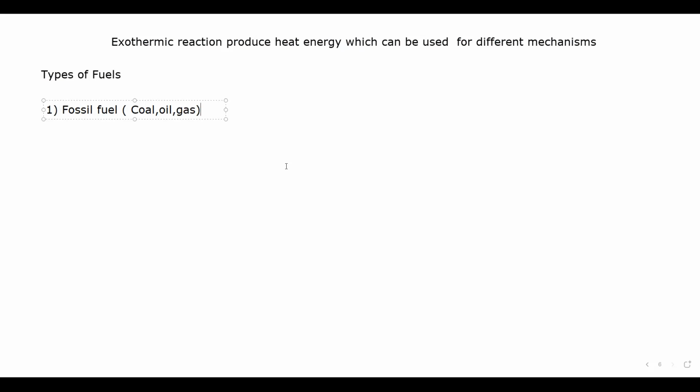So when we burn this fossil fuel, for example, if coal is there, it is burned in the presence of oxygen. It will release heat energy. Coal plus oxygen: coal is carbon, so carbon plus oxygen gives carbon dioxide.